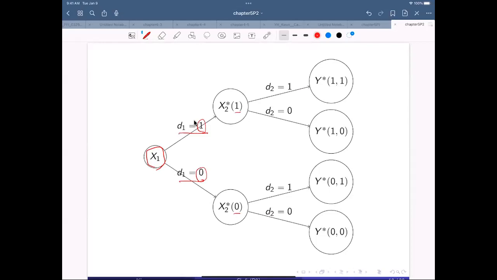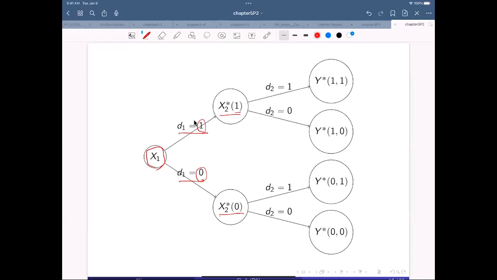So for this choice, you will potentially have two possible outcomes for x2. And then the next step is using whatever the realized path is, you will use that information to make another decision.